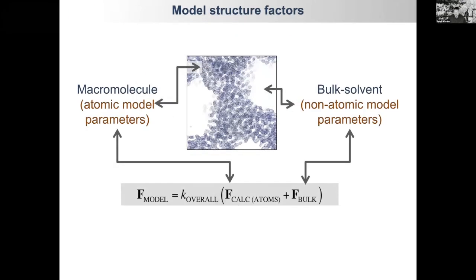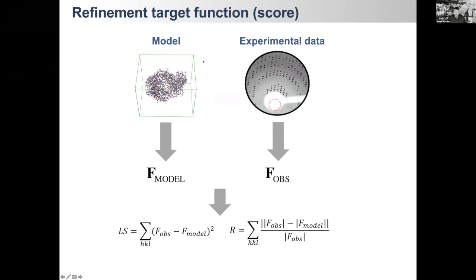Now, I mentioned you can calculate structure factors from your crystal structure model. The question would be, how do we do this actually? I need to explain it in the next slides.